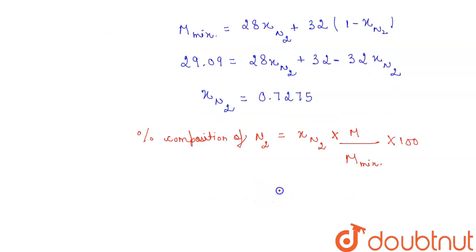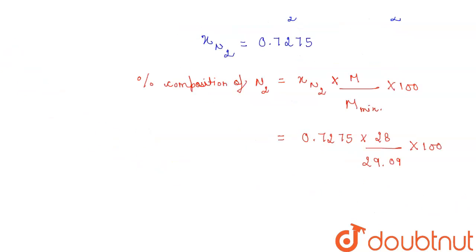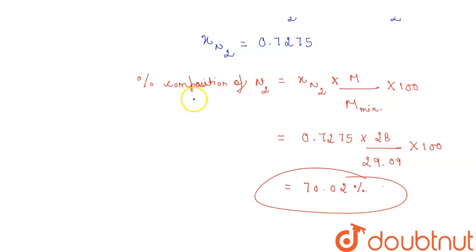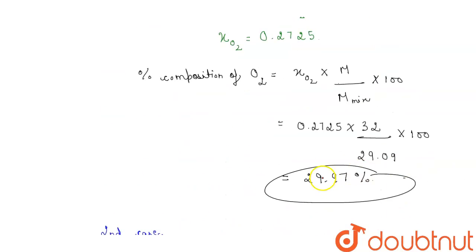After putting the values we get 0.7275 into 28 divided by 29.09 into 100, and after solving this we get 70.02%. So this is the percentage composition of N2 in the mixture, and this one is the percentage composition of O2 in the mixture.